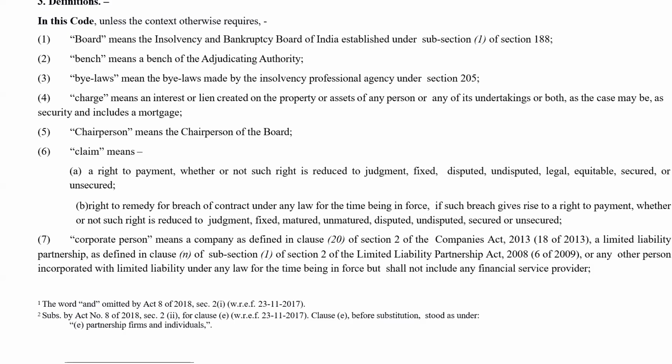Now A has the right to remedy. But this right will be covered under claim only if such breach gives rise to a right to payment. Okay? Whether or not such right is reduced to judgment, fixed, matured, unmatured, disputed, undisputed, secured, or unsecured.